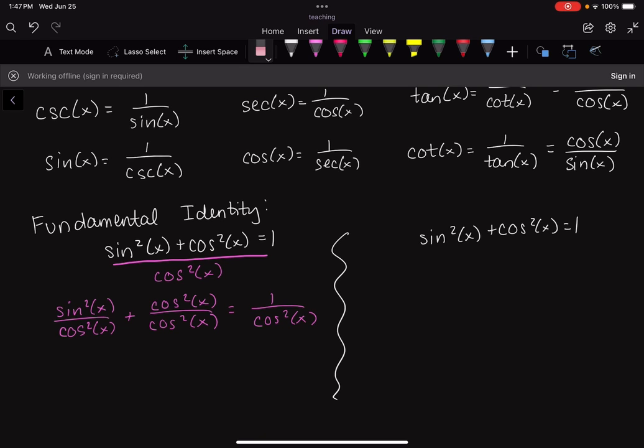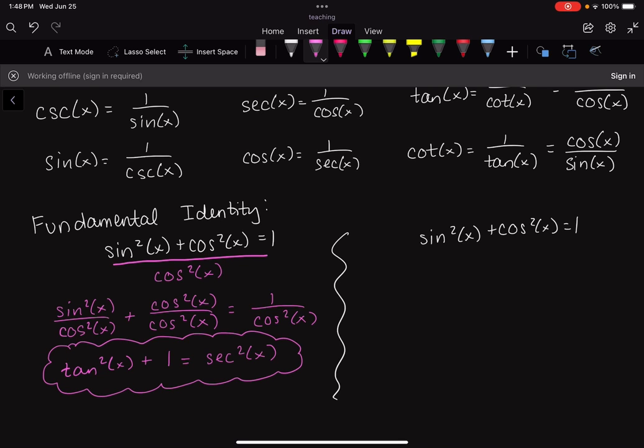So if they're both squared, then we have tangent squared. Cosine squared over cosine squared, anything over itself would just be 1. And then 1 over cosine squared, 1 over cosine is secant, so this would be secant squared. So this is actually a new identity that we can use.